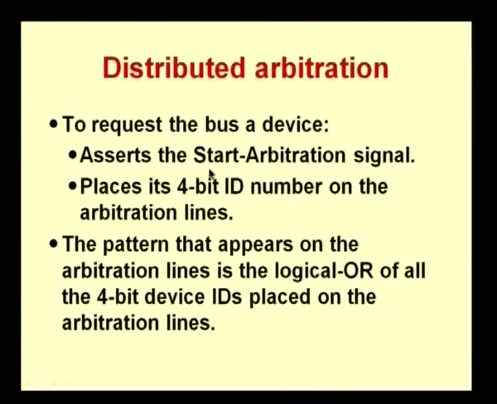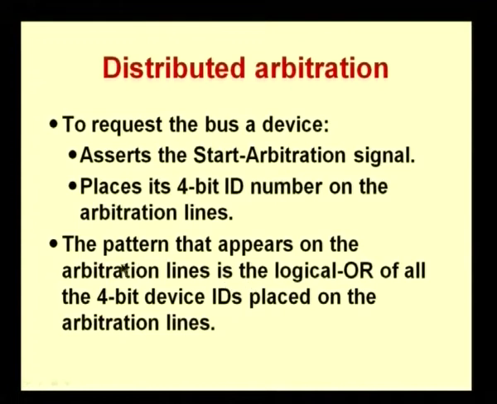So, a device which wants to request the bus will start by asserting the start arbitration signal and also place its 4-bit ID number on the arbitration lines. There can be different devices which want to access the bus, and each of them will put their ID on the bus. So, the pattern which appears on the arbitration lines will be the logical OR of all the 4-bit device IDs which are placed on the arbitration lines.